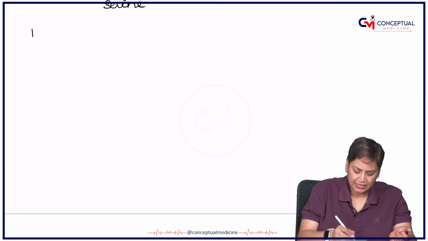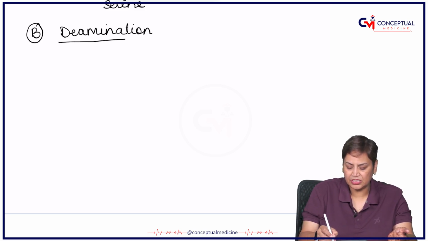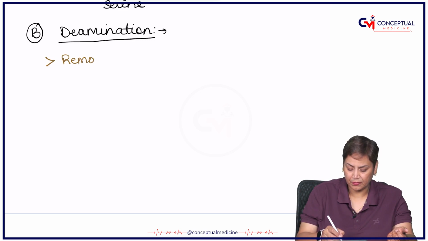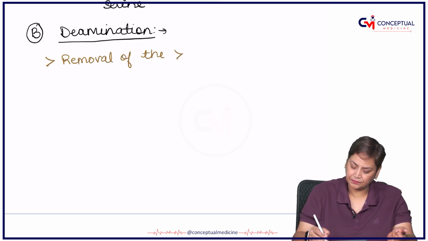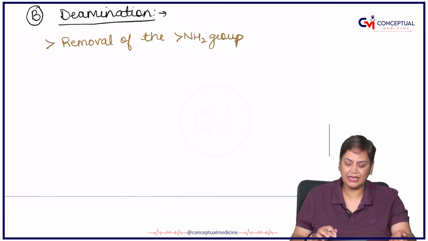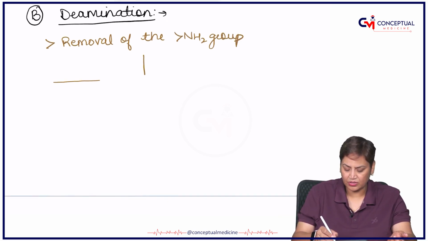So the next process is deamination. Now as transamination means transfer, deamination will mean removal of the amino group. Right? Now this deamination can take place in 2 circumstances. One is in the presence of oxygen.